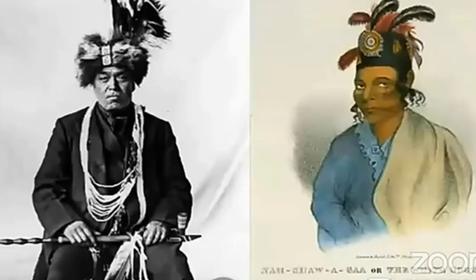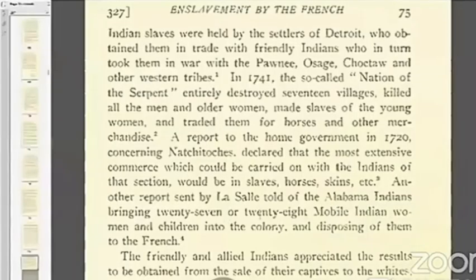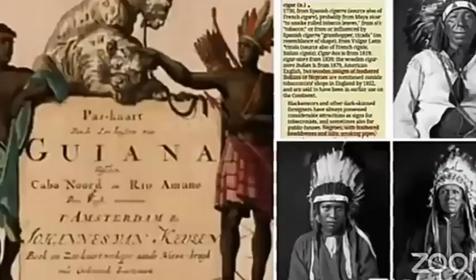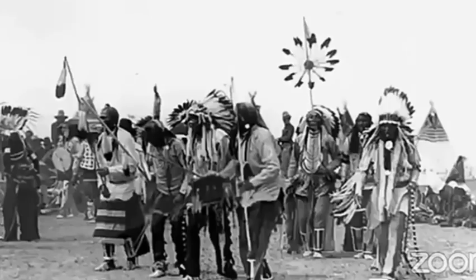Another report sent by Lassalle told of the Alabama Indians bringing 27 or 28 Mobile Indian women and children into the colony and disposing of them to the French. All right, so it's unfortunate to hear how the ancestors were enslaving each other. A lot of the times, there were past wars, of course, between them, but also just for survival.